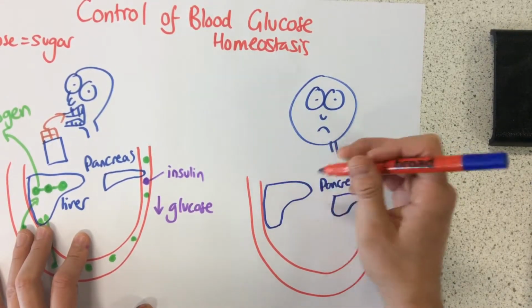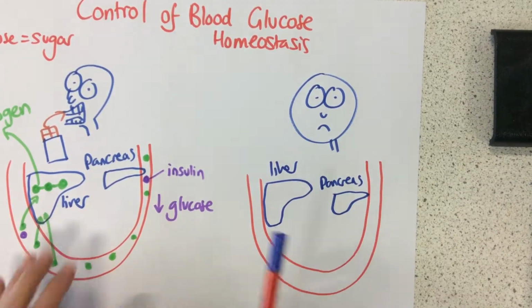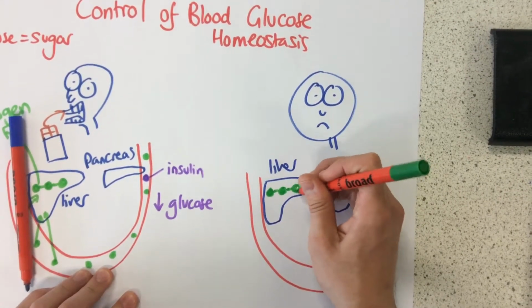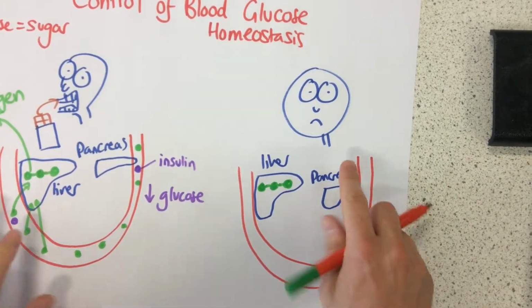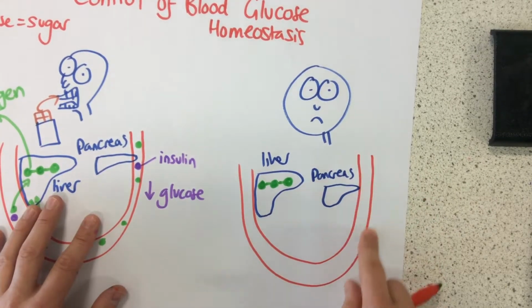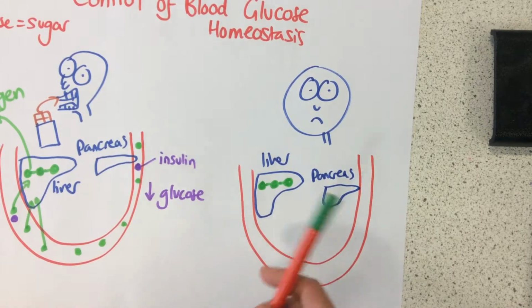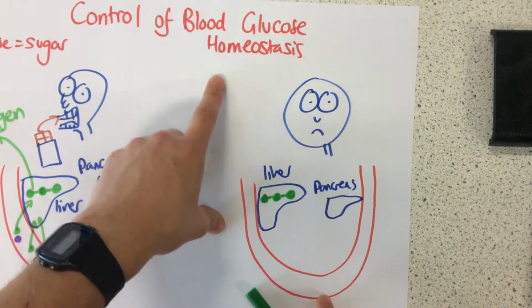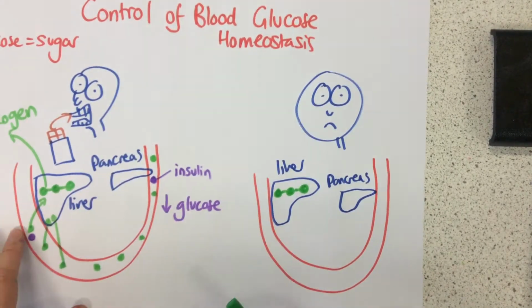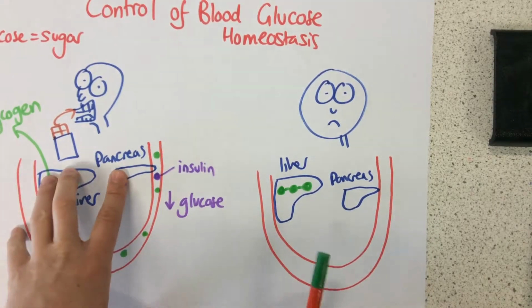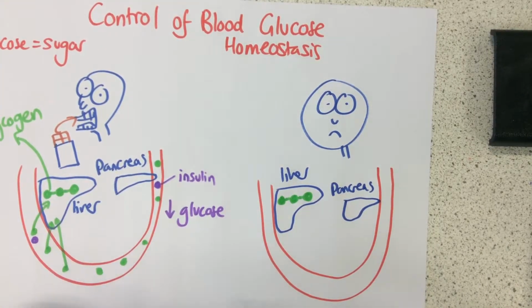Now this person hasn't had any food at all, so the level of glucose in their blood is really, really low. That's bad too. Remember, homeostasis is keeping the conditions just right. So we don't want the glucose levels getting too high, but we definitely don't want them getting too low either.